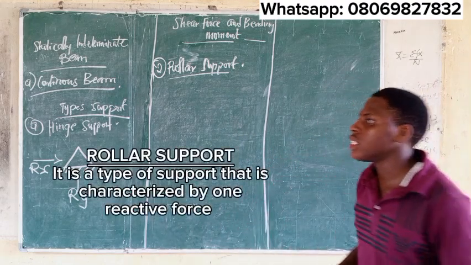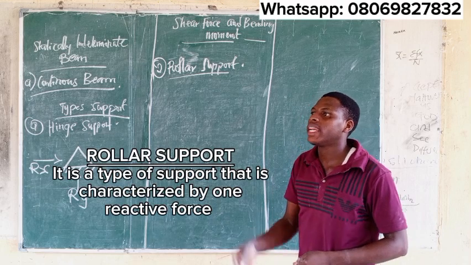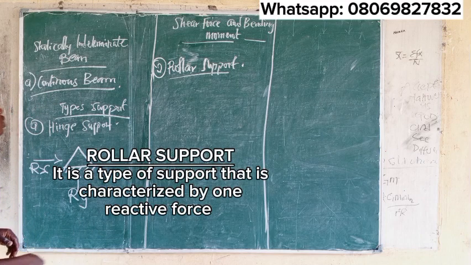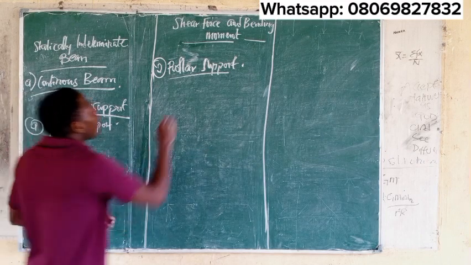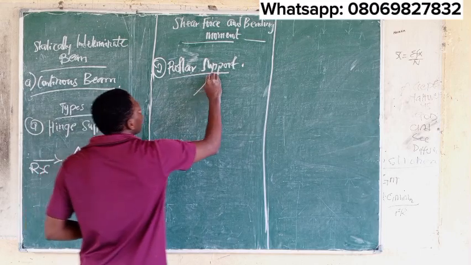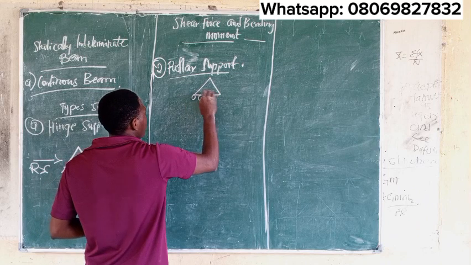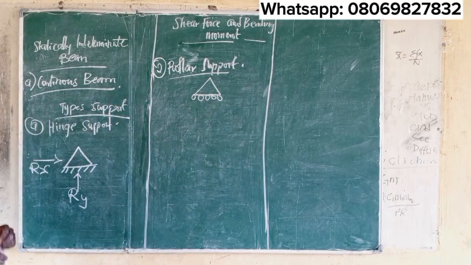Now the roller support is a type of support that is characterized by one reactive force. Now if you have a support of this manner, this is a roller support.